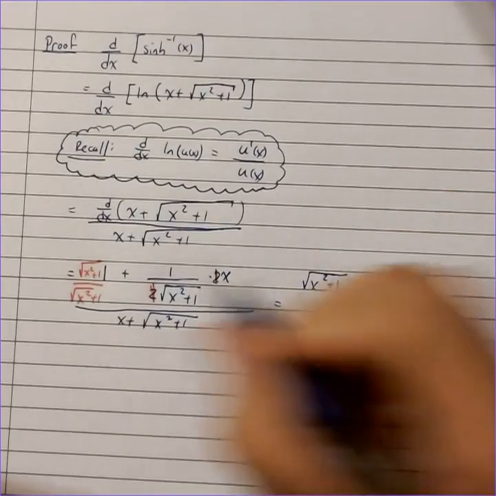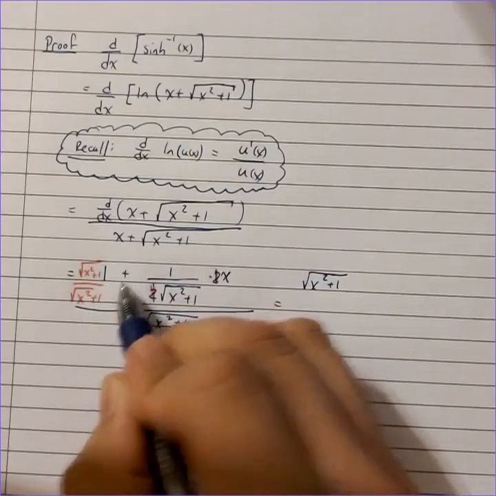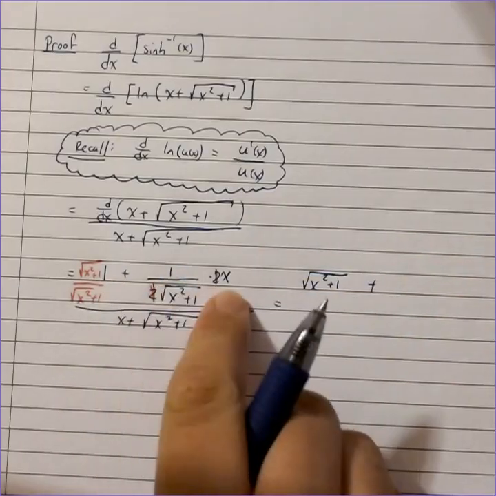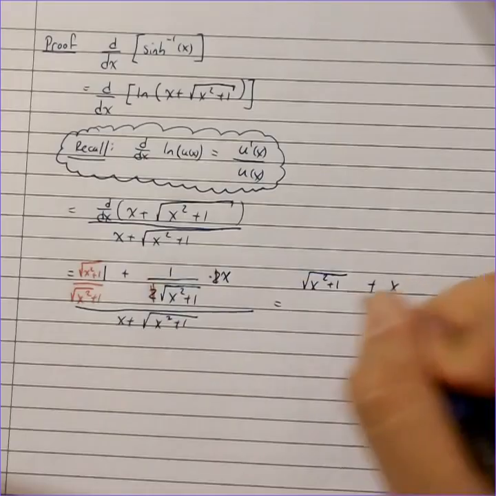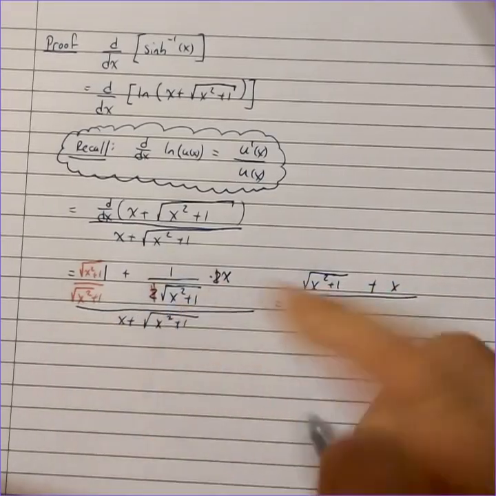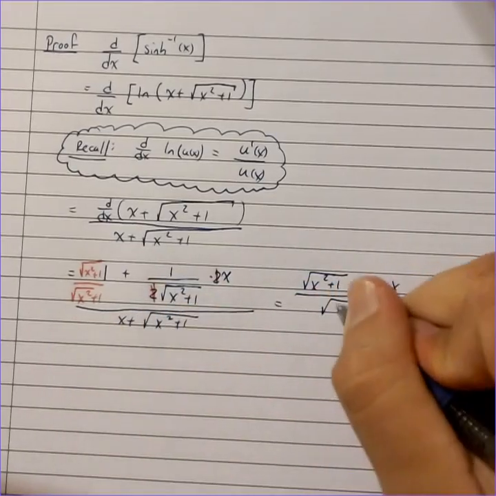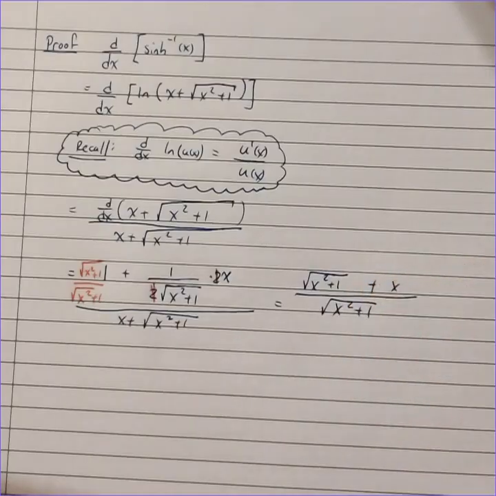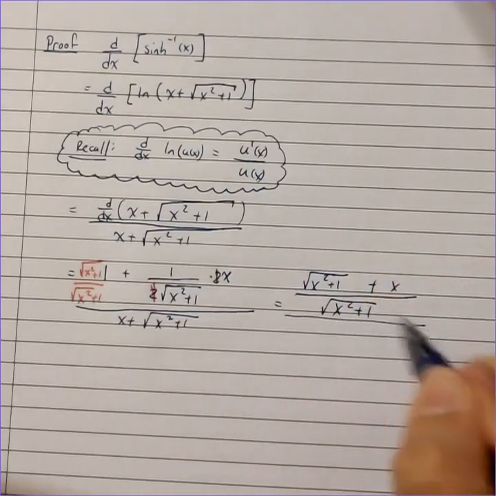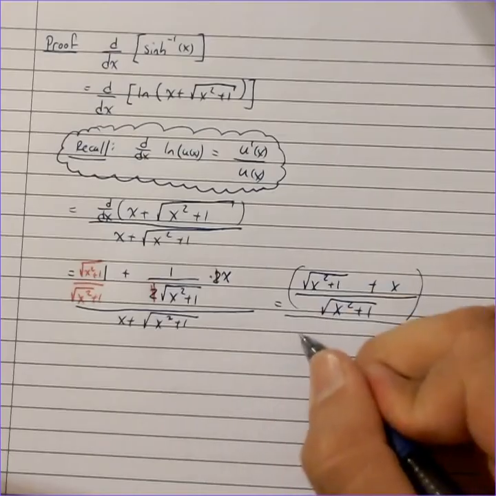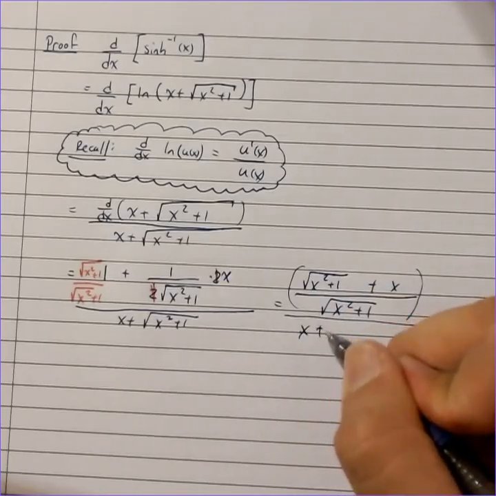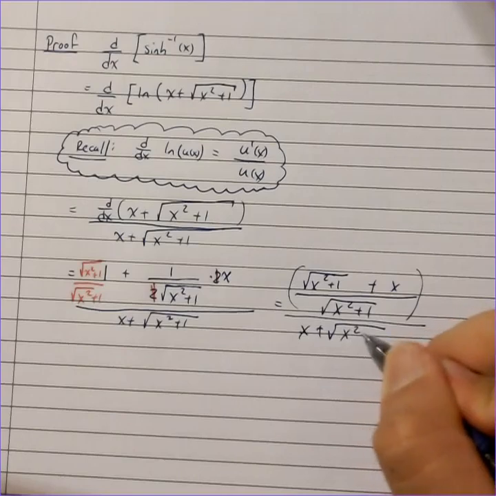Right here, that's that numerator. Plus here I have 1 times x, which is just x, over my common denominator, which is the square root of x squared plus 1. Now, of course, all that's getting divided by this other denominator, x plus the square root of x squared plus 1.